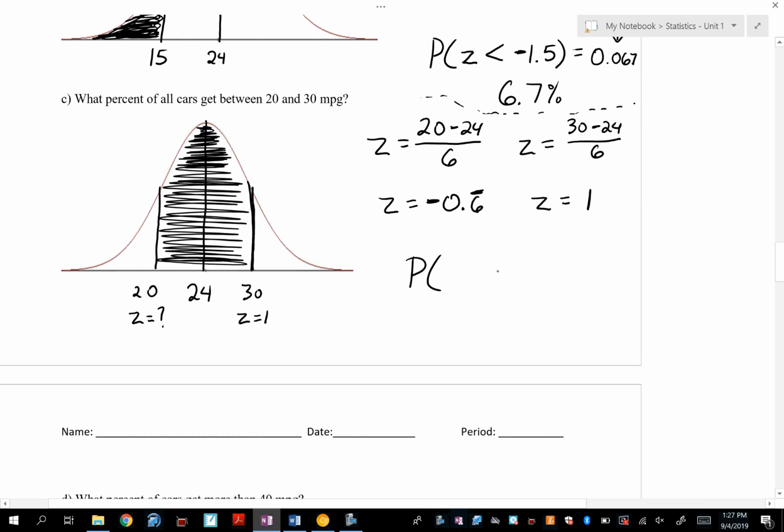So I'm going to write down for my z-scores being less than 1, but greater than negative 0.6 repeating. Is everybody all good with that inequality here, this compound inequality?